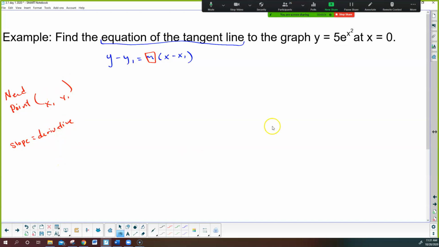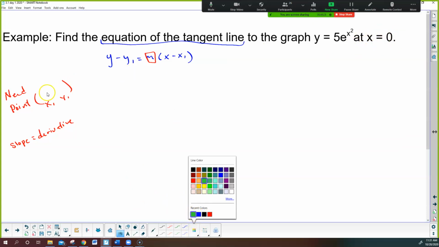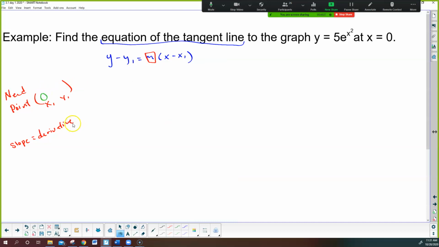You had a question like this on the last test, and I'm going to point out some things that students did wrong, just so hopefully we can not make those mistakes in the future. All right, so what do we have? Find the equation of the tangent line to the graph. Here's the function at x equals 0. Well, let's think about that. This is part of a point, right? X is 0. Well, what is y then?